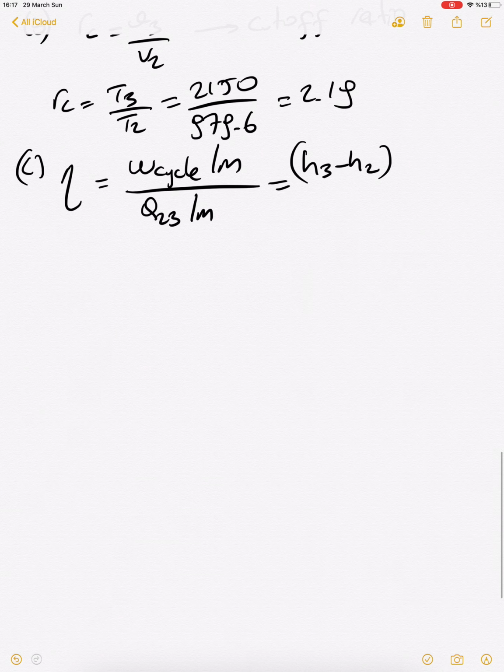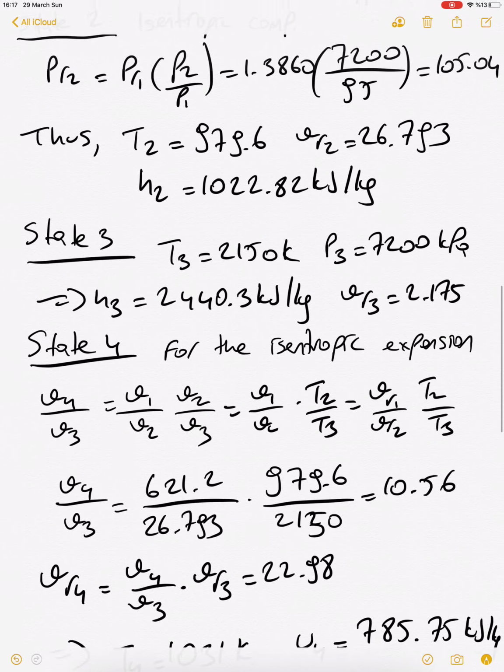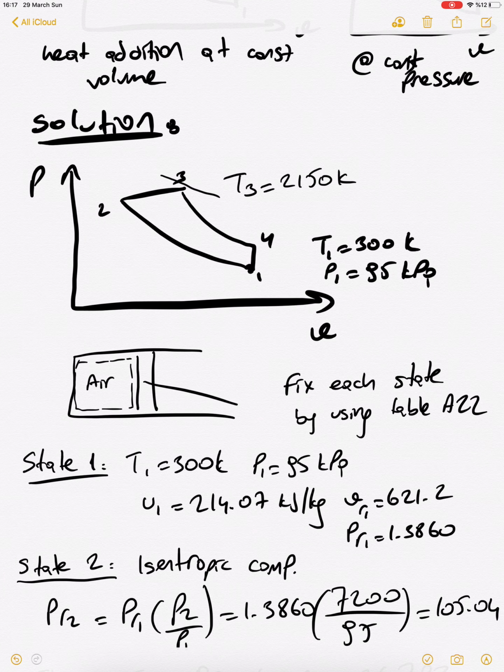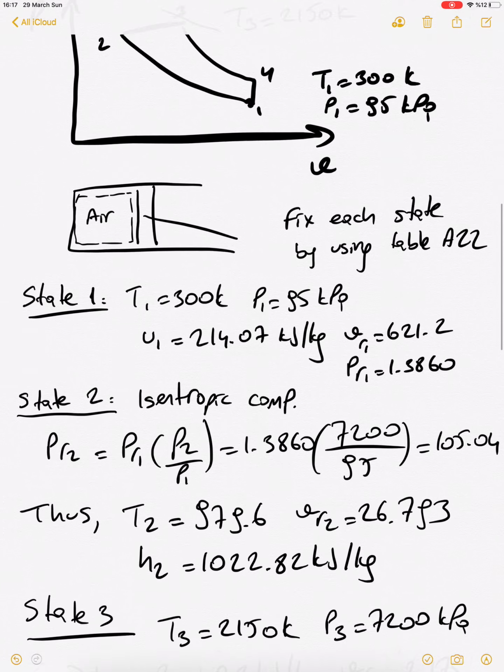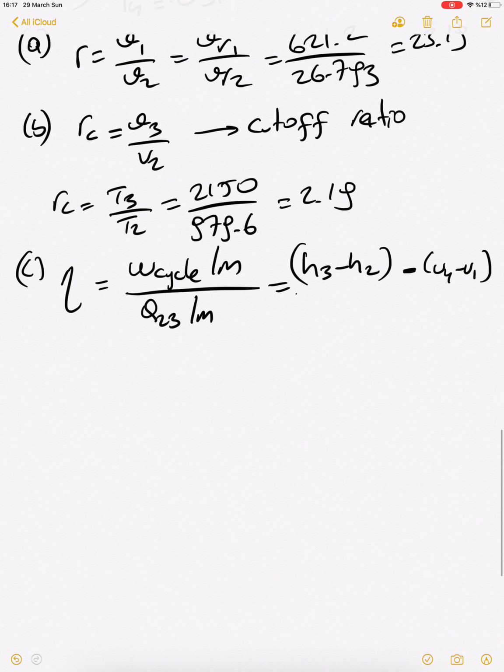So the cycle work is H3 minus H2 minus U4 minus U1, divided by Q23, which is H3 minus H2.